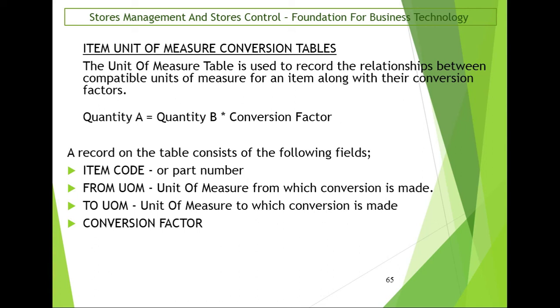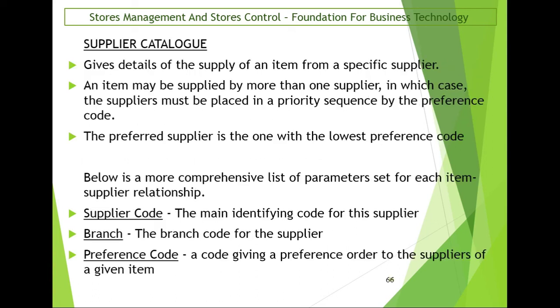The reverse would be from grams to kilograms, the conversion factor is times 0.001 or divided by 1,000. So this is very critical for those people that are handling items that are bought in bulk and then issued or stored individually.